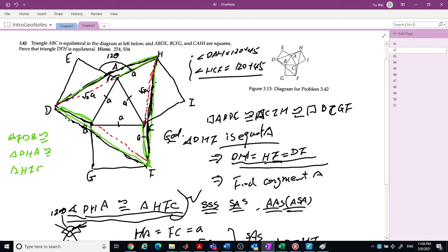So that's why you have DH equals HF equals DF. Then you can see triangle HDF is an equilateral triangle. Okay, next.